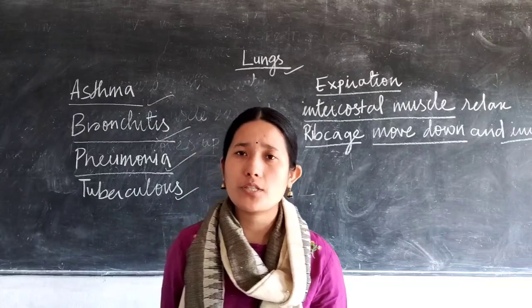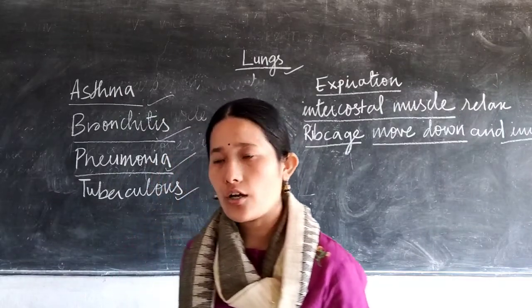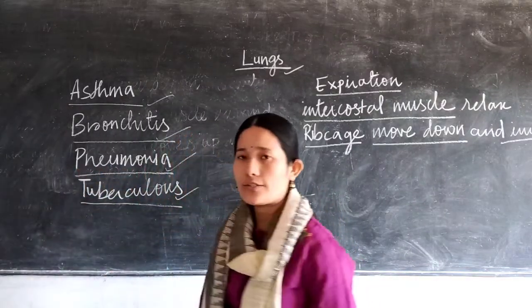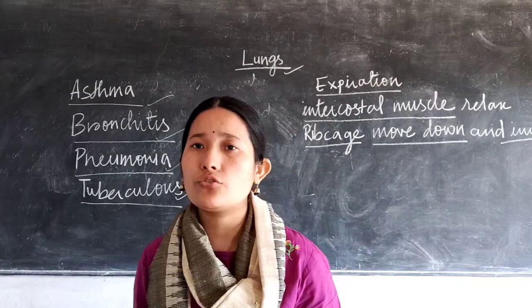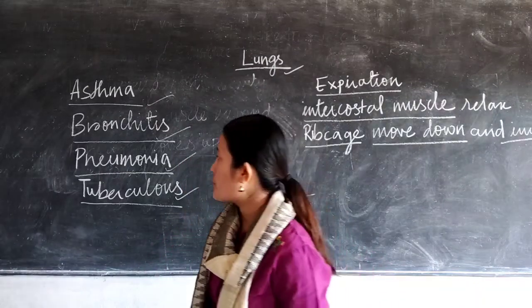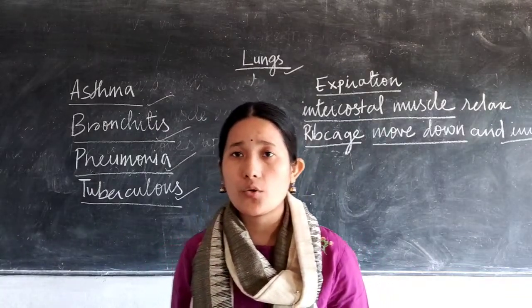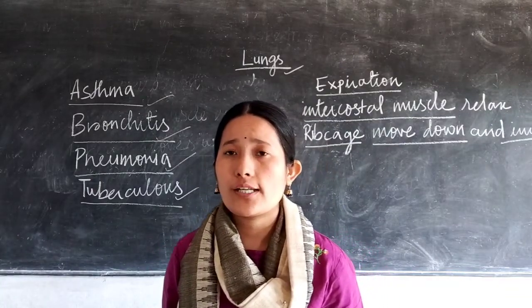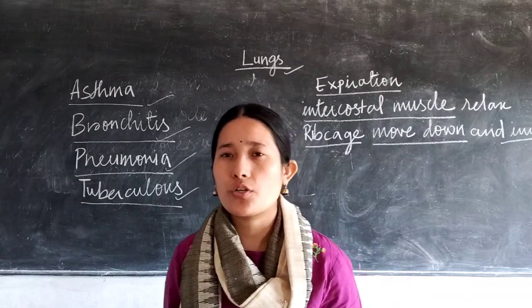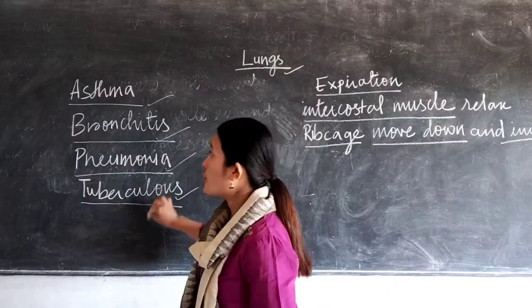The common symptoms are fever, cold and cough. Next one is tuberculosis. Tuberculosis is a bacterial disease leading to infection in the lungs. The symptoms of tuberculosis are fever, weight loss, coughing, cold, and generally along with the cough, a few streaks of blood.